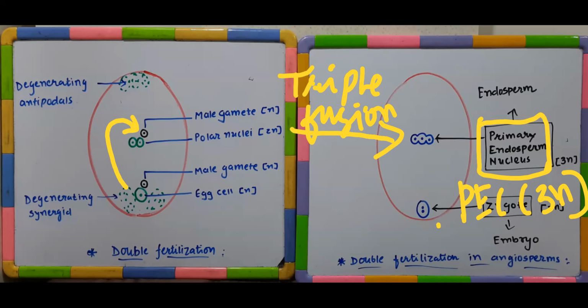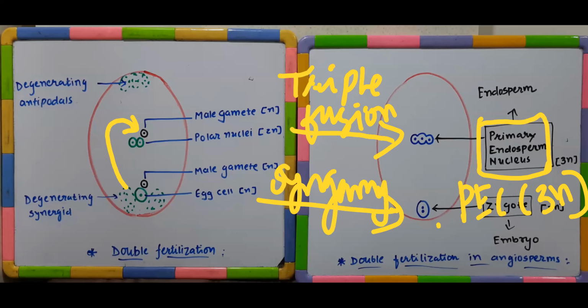You could see that inside the angiosperms at the time of fertilization, two different types of fusions occur. One was syngamy, which led to the formation of the zygote from one male gamete and one egg cell.